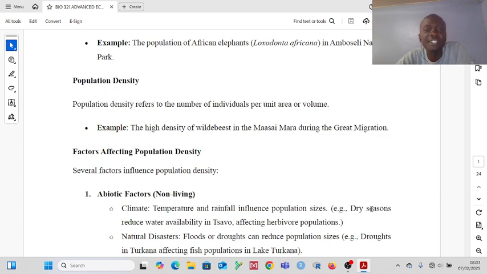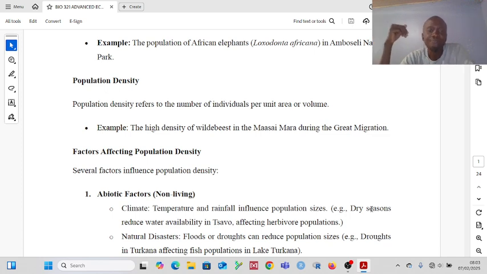So population density refers to the number of individuals per unit area. Per unit area, which means you can have 10 animals in a 10 meters by 10 meters area. So when you do your 10 meters by 10 meters and you get the area of that particular region, then you take the number of animals that are living in that particular area, and it gives you the density.